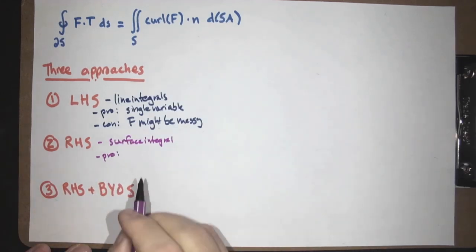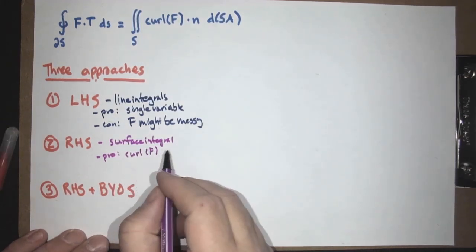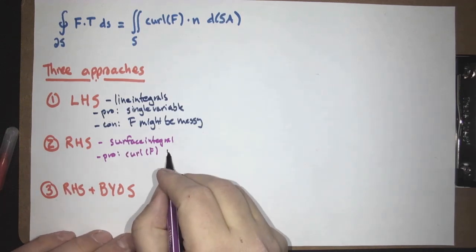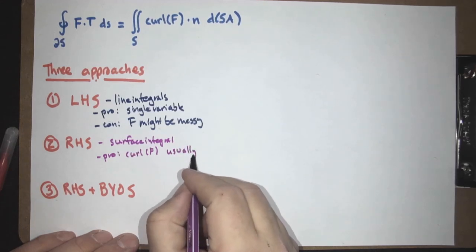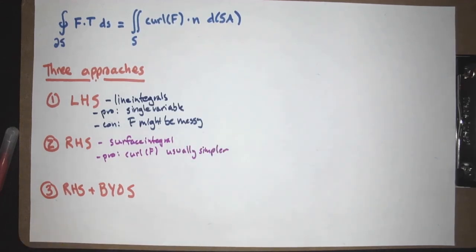It involves the curl of F. Why might that be an advantage? Well, we know how to solve it, but what happens when you take derivatives? Things get simpler. So curl of F is usually simpler. It's something nicer to work with. We like things which are simple. And so we have an easier thing to integrate.